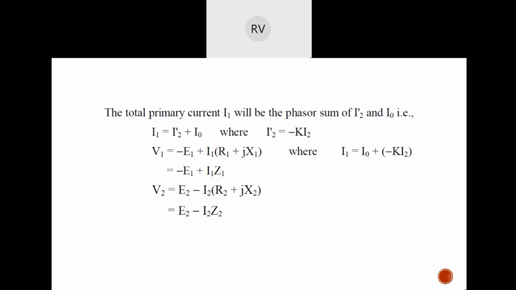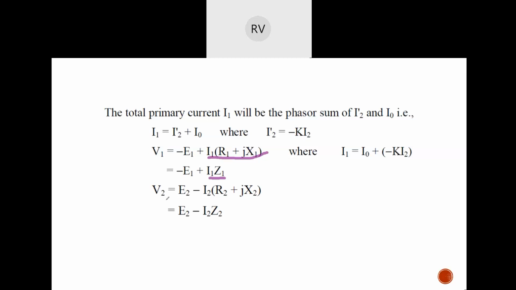But in this case, because of the resistances and reactances, there will be a voltage drop. That drop is represented by I1 into Z1, where Z1 is R1 plus jX1, R1 being the resistance and X1 the leakage reactance. So V1 is equal to minus E1 plus I1 Z1.